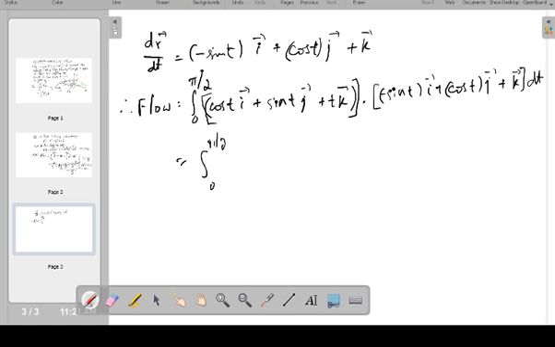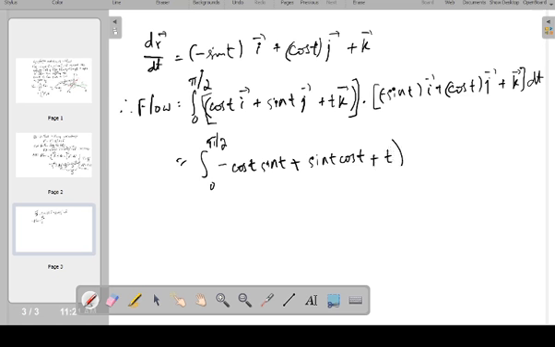Integral 0 to pi by 2, cos t into minus sin t, so minus sin t cos t, plus sin t cos t, plus t into 1.